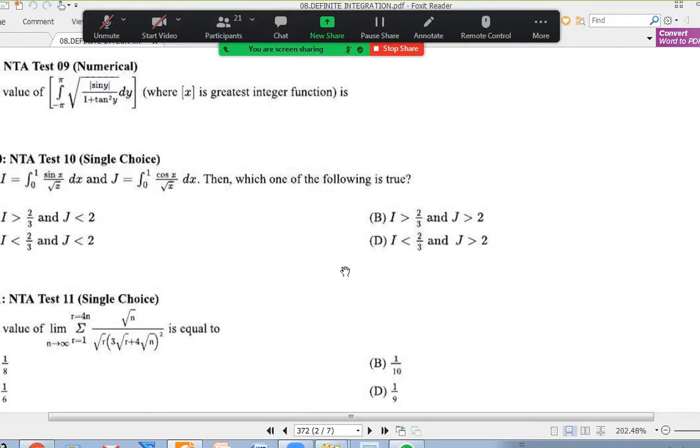Integral from minus pi to pi of square root of mod sin y, 1 plus tan square y dy. And he wanted the integer part of this.